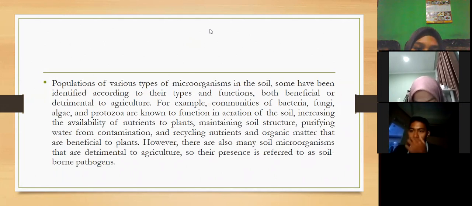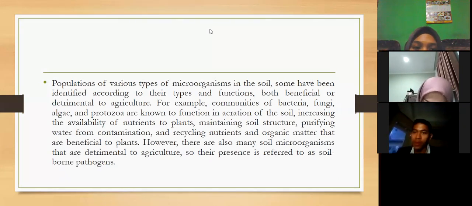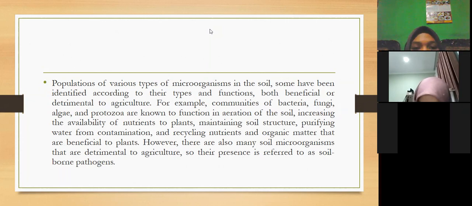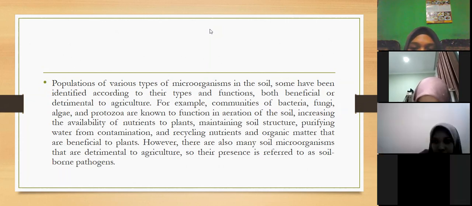Populations of various types of microorganisms live in the soil. Some have been identified according to their types and functions, both beneficial and detrimental to agriculture.